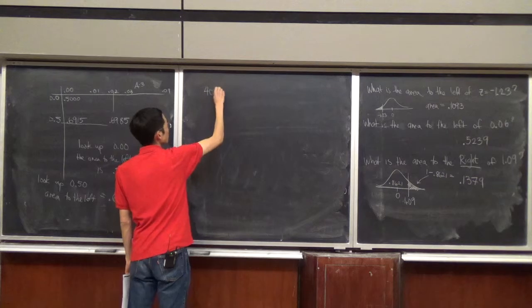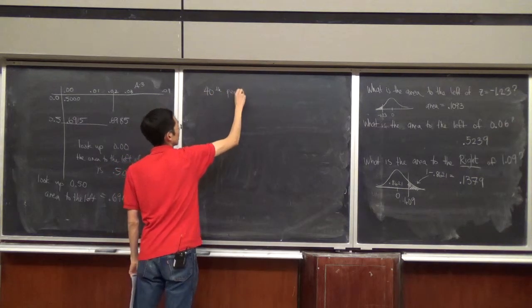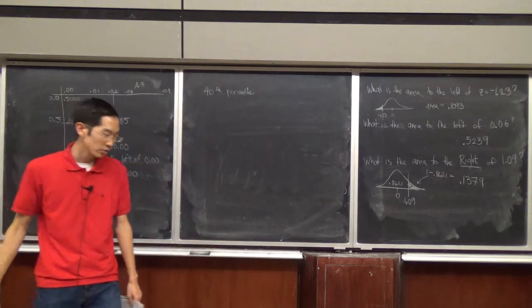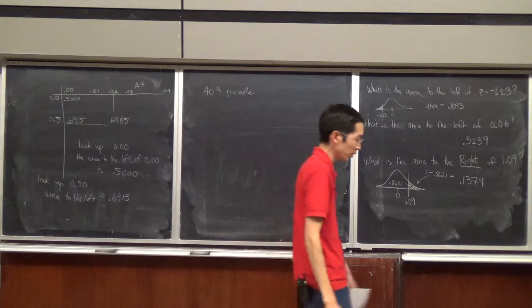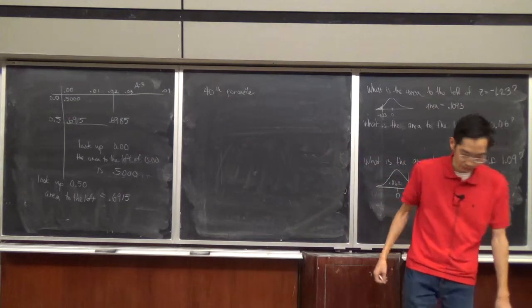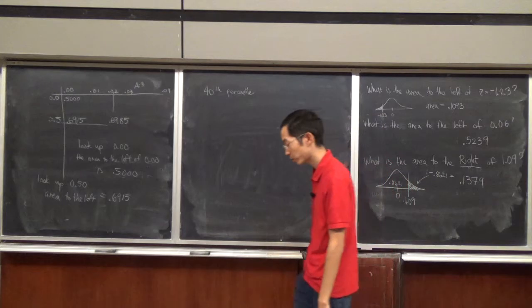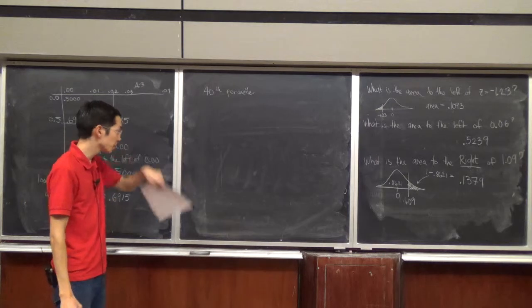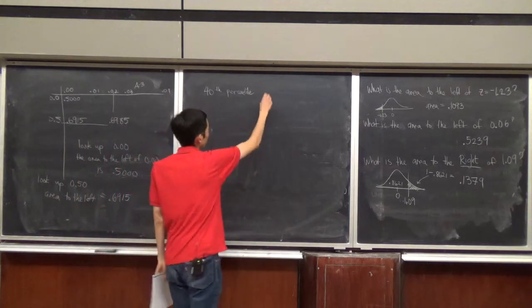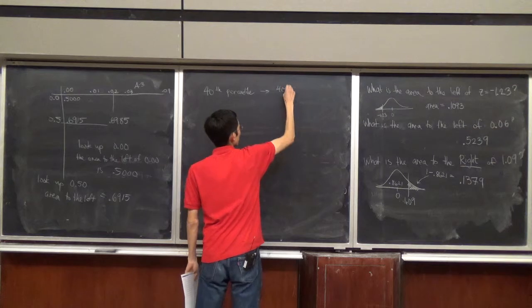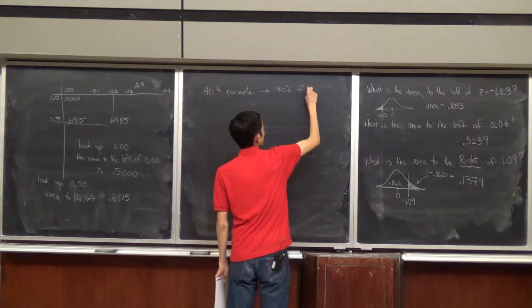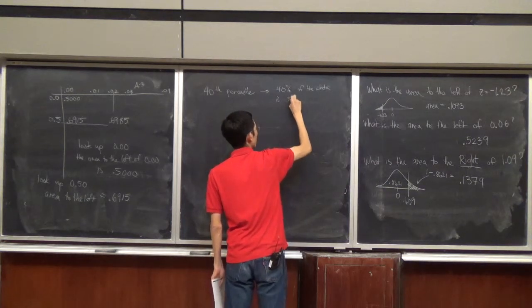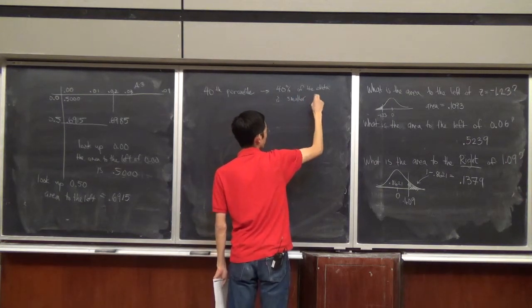If I say the 40th percentile, the 40th percentile means this is the point where 40% is smaller. 40% of your data, or whatever we're looking at, 40% of the population, is smaller than the 40th percentile.